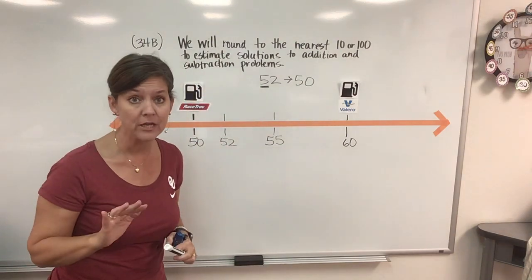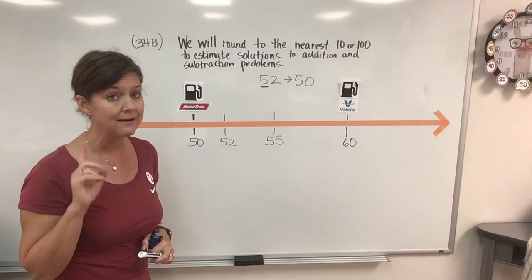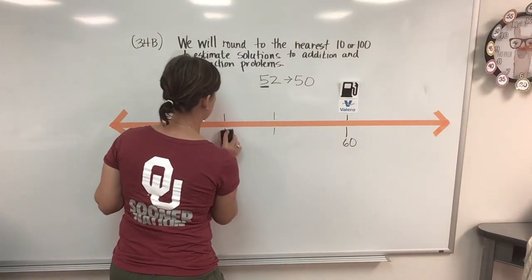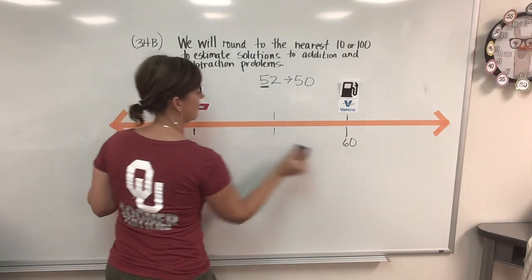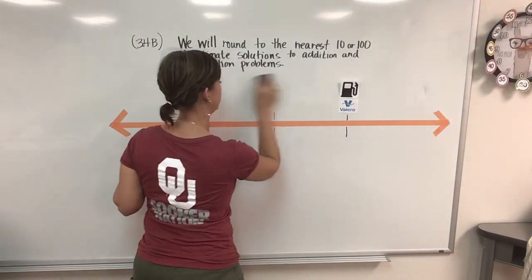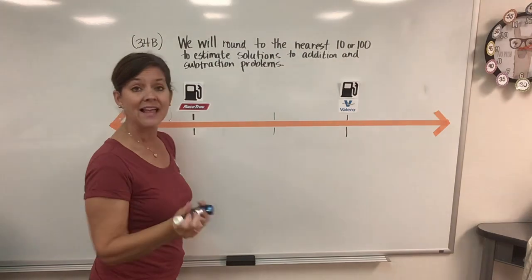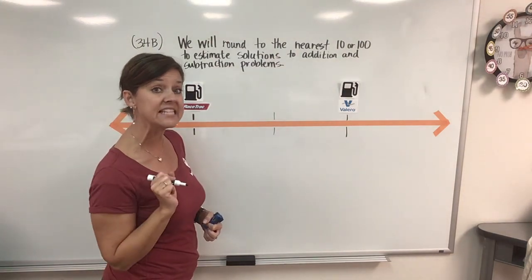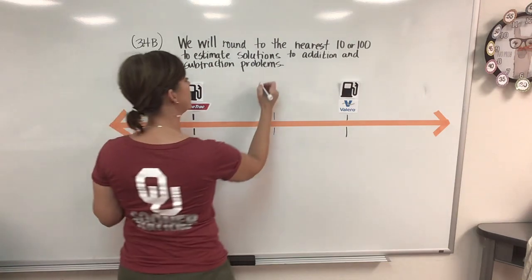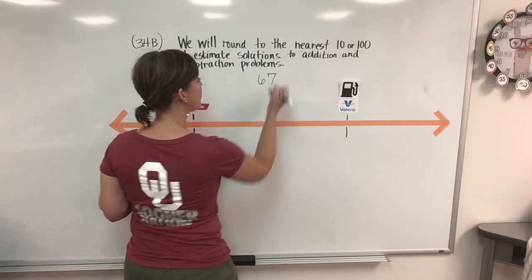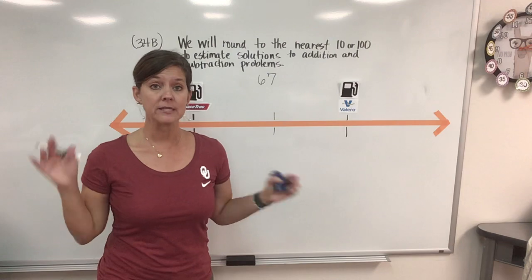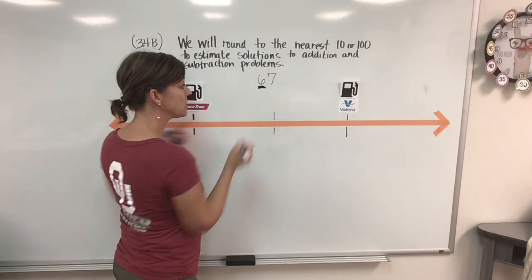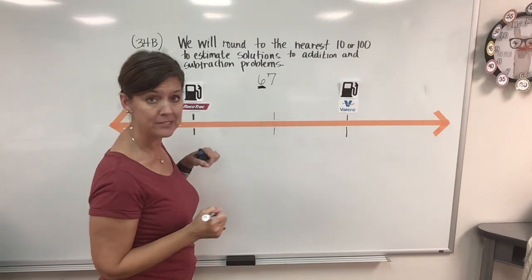Okay, pause your video, make your number line again. Let's do one more. Let's round the number. How about let's do 67. So remember, the first thing I have to do is determine the tens that I'm between. The first one is always the same as this first digit right here.